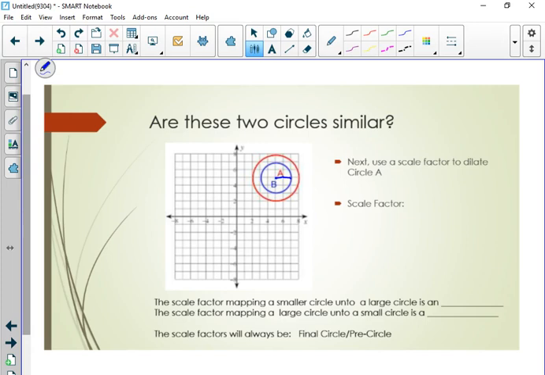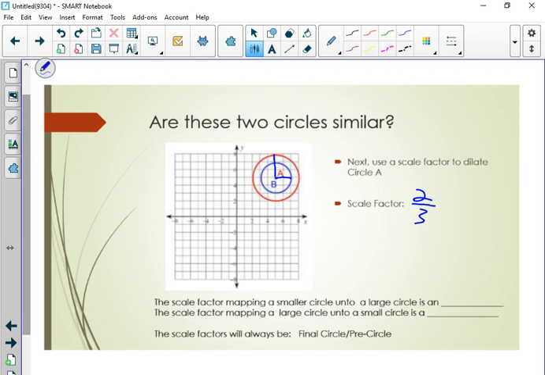Okay, so circle A has a radius of 2. Now let's look at circle B. 1, 2, 3. Okay, has a radius of 3. So therefore, the scale factor is 2 to 3.